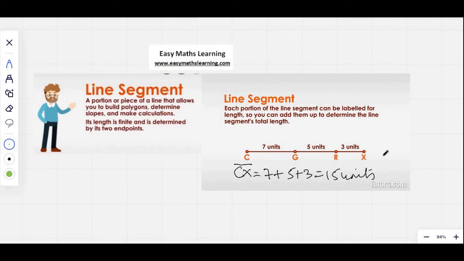We name the 2 endpoints as the name of the line segment. This bar above gives us the symbol of the line segment. The measurement of this line segment CX is 7 plus 5 plus 3, which is equal to 15 units. Go through it once yourself and try to understand.